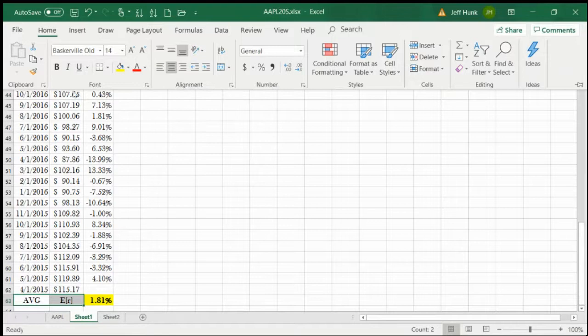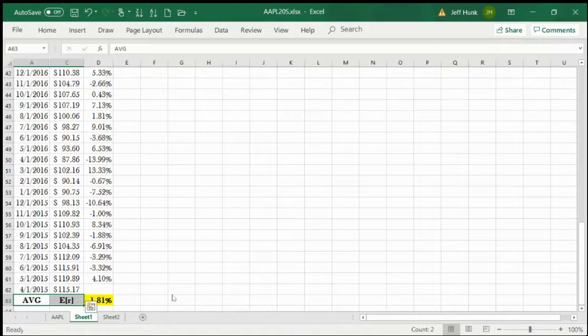Now, of course, you understand that the average is mean, but why is it also expected? Now, expected value, expected return, when we say expected, this says, expected means rationally expected.